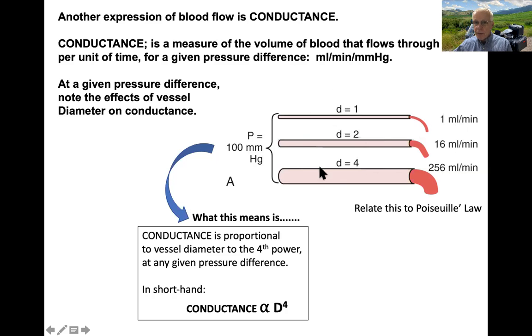Now, the reason I find this really useful and important is that the vessels, for example the arterioles, are going to change diameter under different physiological conditions, whether we're lying down, standing up, running, or whether we have hardening of the arteries.